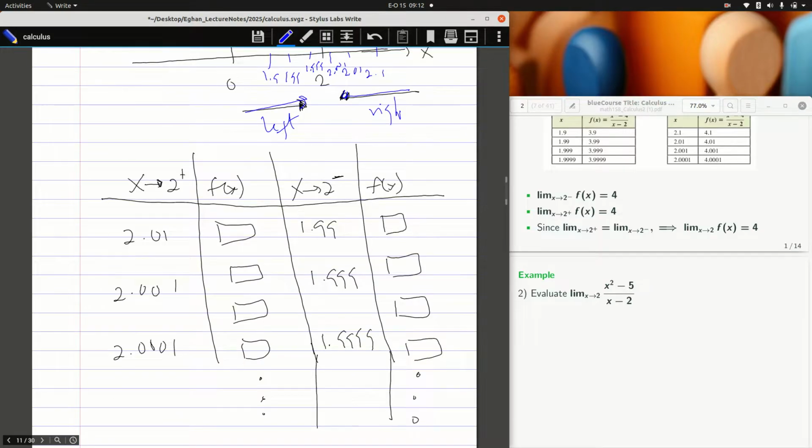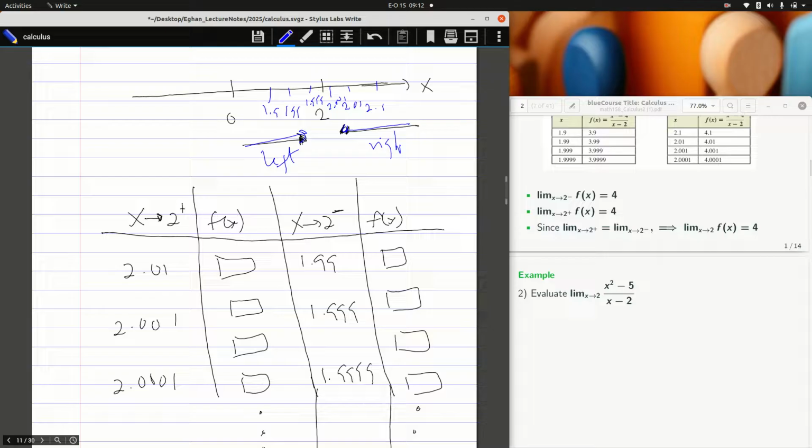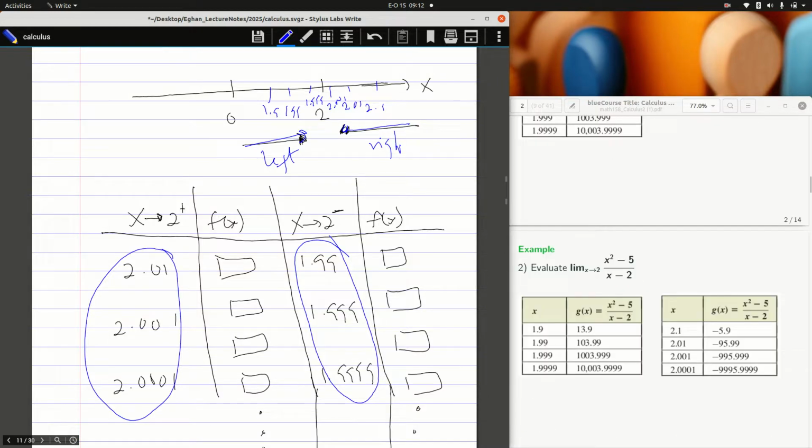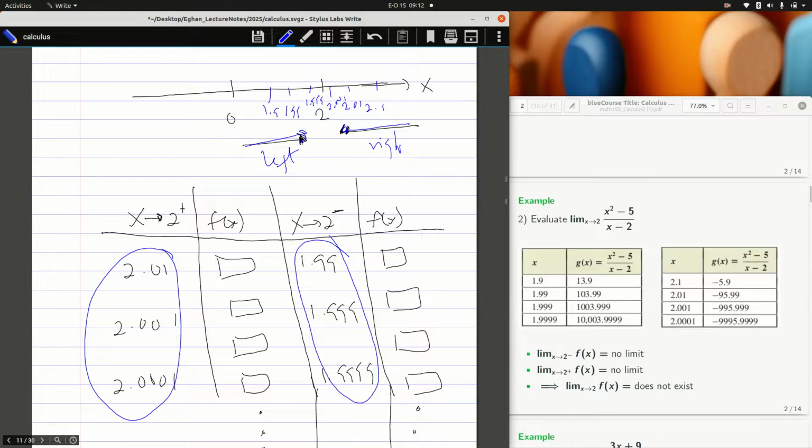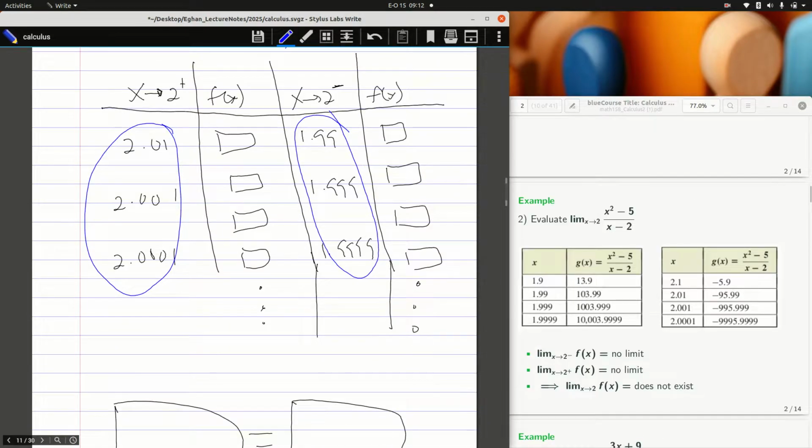What you have to do is substitute your values into the f of x and then see what you're going to get. I've already done the tabulation in my slide. If you want to follow it, from slide 2, you would realize that from the positive side, it is actually divergent.